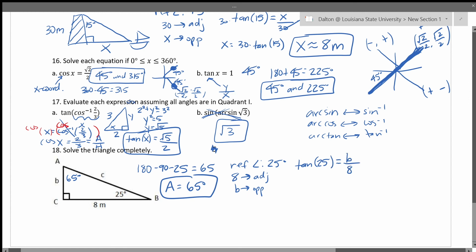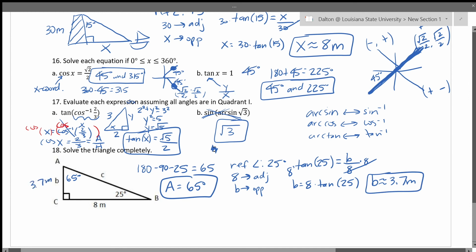If I multiply both sides by 8, I get B is equal to 8 times the tangent of 25. Then if I type that into my calculator, I didn't tell you how to round, so let's just round to the nearest tenth for now. B is going to be approximately 3.7 meters.